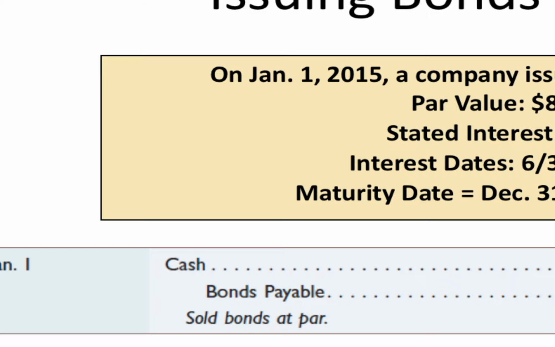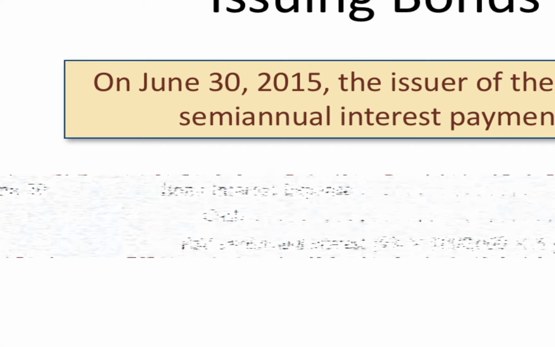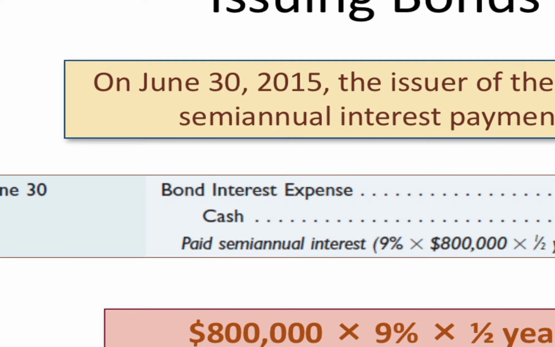And then 20 years later, you've got the maturity date. Okay, so these are obviously dates of interest because we're going to need to pay interest on the semi-annual dates, and then obviously whenever we get to the maturity date, we're going to have to pay back what we borrowed.